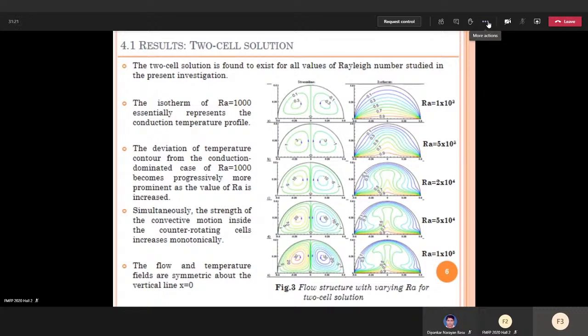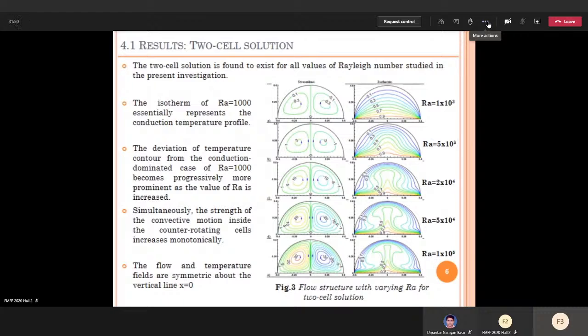If we refer to the Ra equal to 10 cube isotherm, it immediately appears that the temperature distribution is due to conduction heat transfer. Now, as Rayleigh number is increased beyond 10 cube, we can see that the temperature distribution deviates from the conduction dominated case of Ra equal to 10 cube, and the deviation becomes more and more as Rayleigh number is increased.